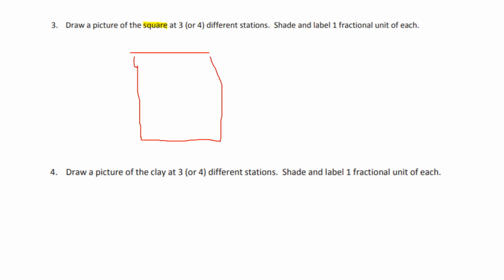That's not the best square, but you kind of get the idea. So you have to make a square in 3 or 4. We're going to be doing thirds for this one. And for this one down here, draw a picture of the clay at 3 or 4 different stations, shade and label 1 unit each. So for the clay, we're going to be doing 4s. And for the clay, make it easy, make it a circle.